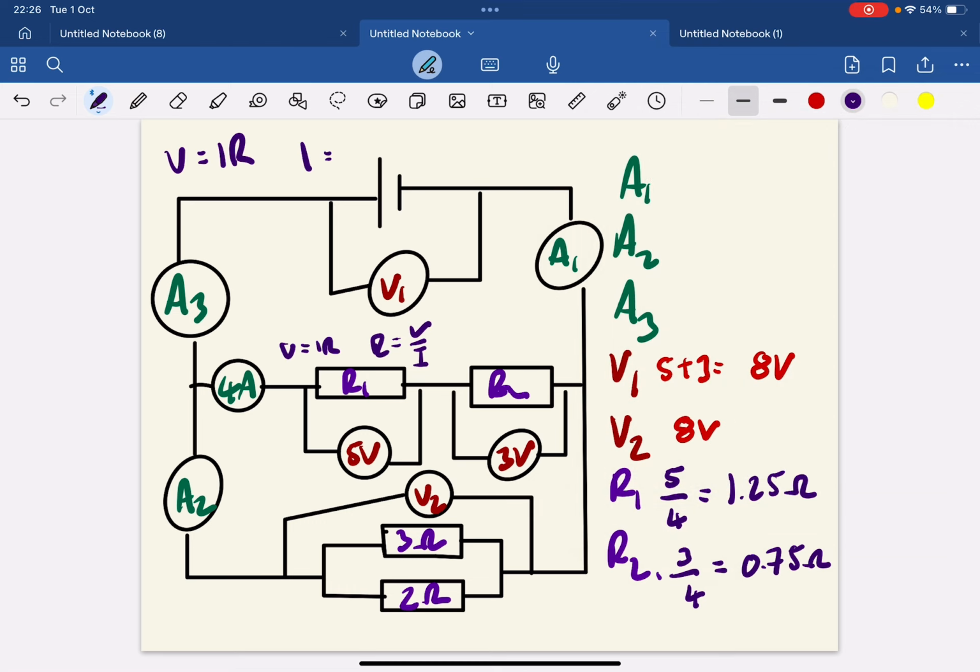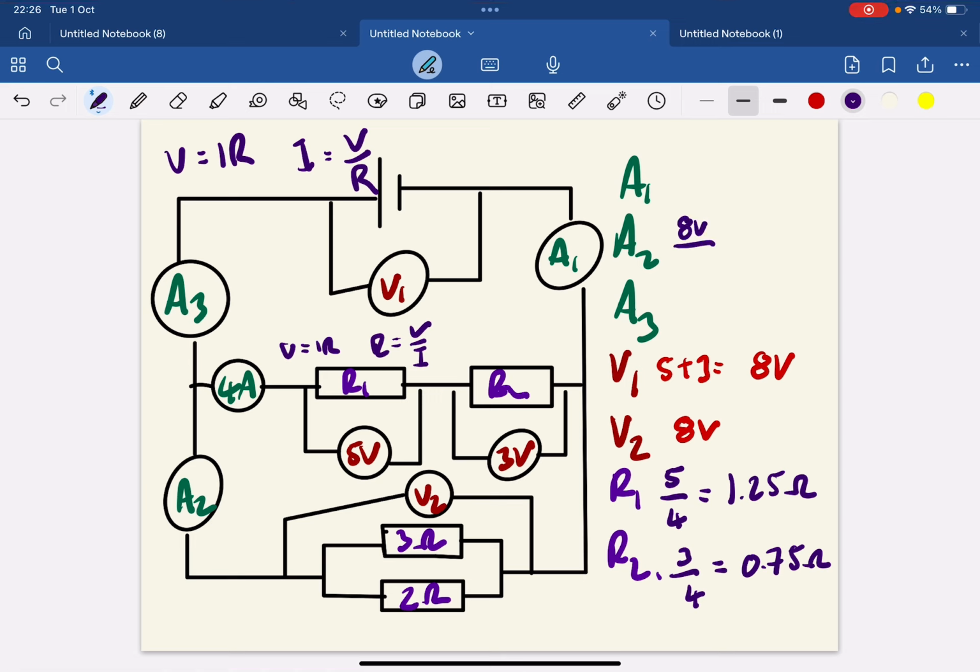We need to rearrange that to work out current, which is going to be potential difference divided by resistance. So for A2, our potential difference is going to be V2, which is going to be 8 volts.